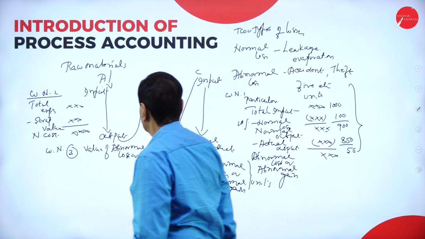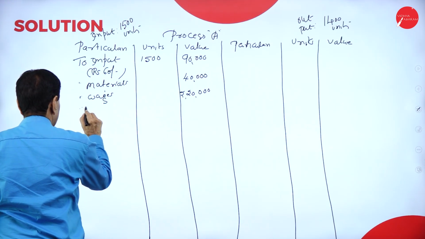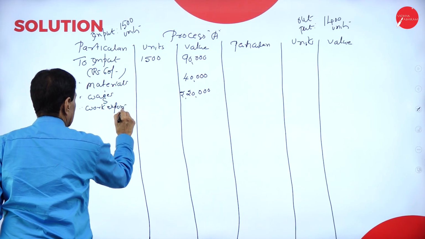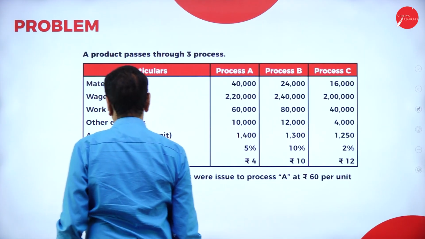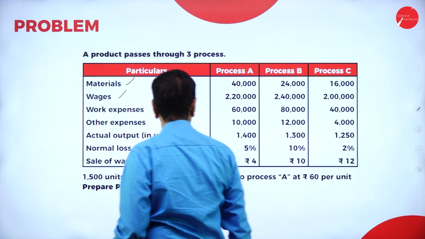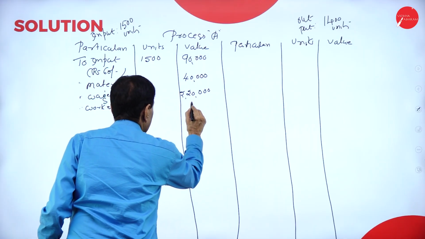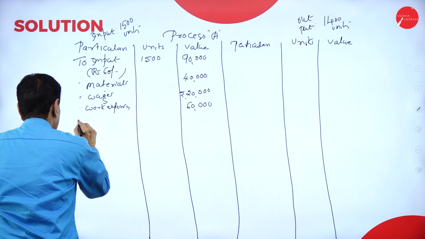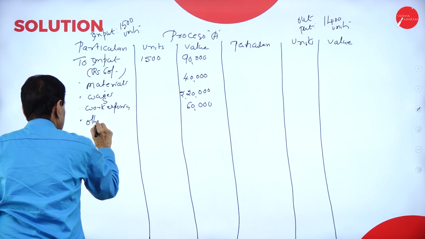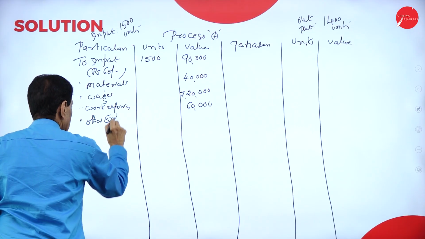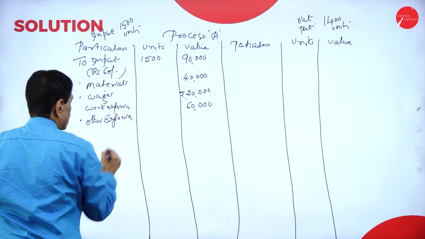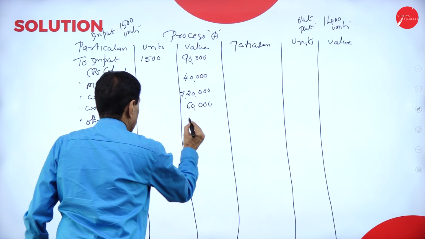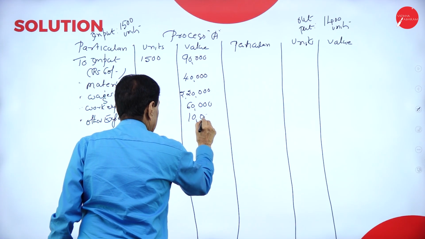Work expenses. What's your work expenses? Comes to 60,000. Then other expenses, it comes to other expenses 10,000. These are all the expenditure.